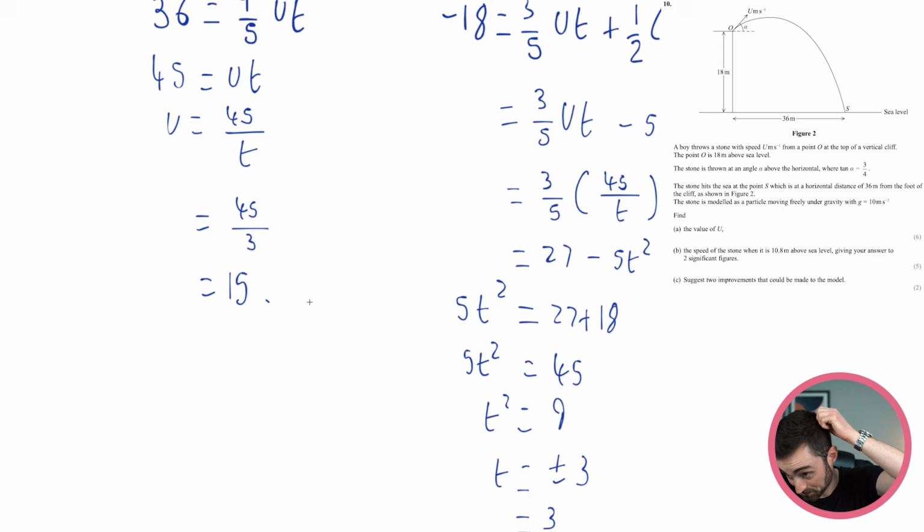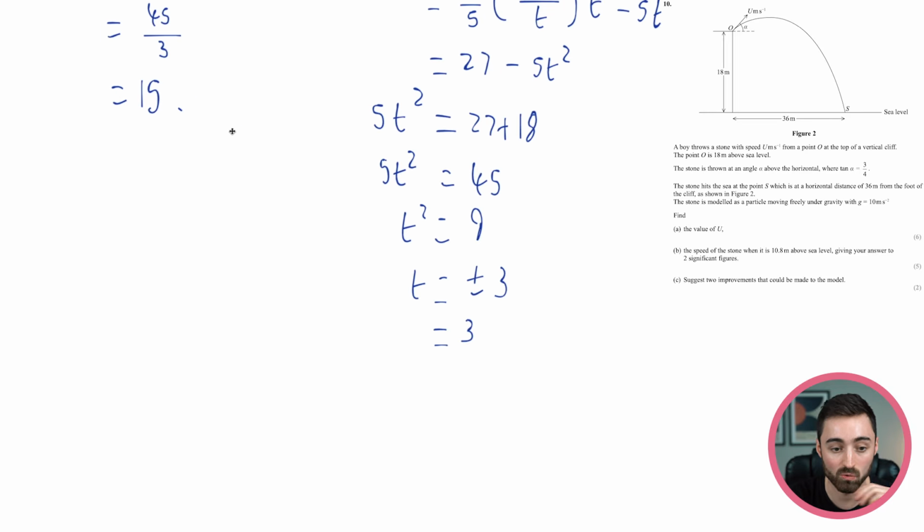Fantastic. Part B, I want the speed of the stone when it is 10.8 meters above sea level, giving your answer to 2 sig fig. Okay, 10.8 meters above sea level. So where is that? Remember, I start 18 meters above sea level.